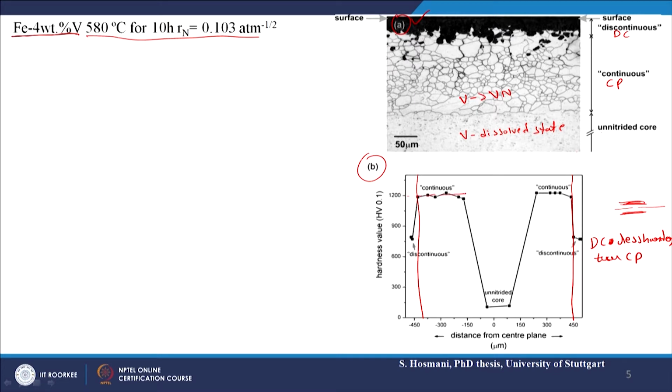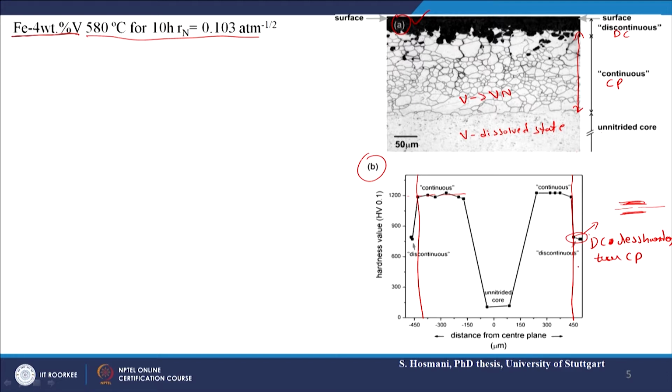This is the level of hardness in this region, and close to the surface where we have discontinuous coarsening, there is a drastic drop in the hardness level. So, that shows what we have already known, that in this region there is a coarsening of the precipitates, right, discontinuous coarsening. Because of coarsening of the precipitates, their precipitation hardening effect has reduced. So, that is leading to the decreased hardness, okay, that is understandable in that way.